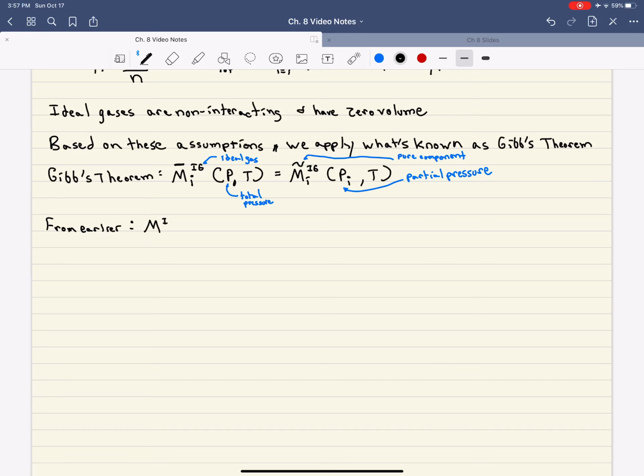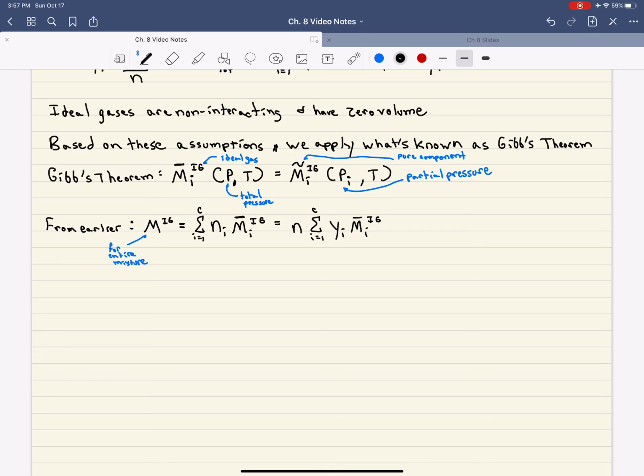So the mixture for the ideal gas, or the mixture of ideal gases, so this is for the entire mixture, from the principle of additivity, that's just going to be equal to the summation of the moles of that species times its partial molar property for the ideal gas. We could factor out the total N, so Yi Mi Ig, okay?